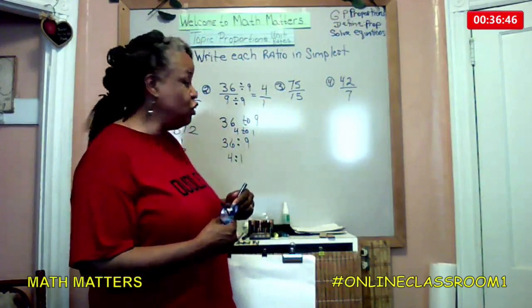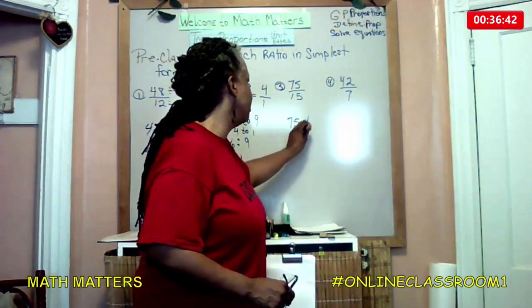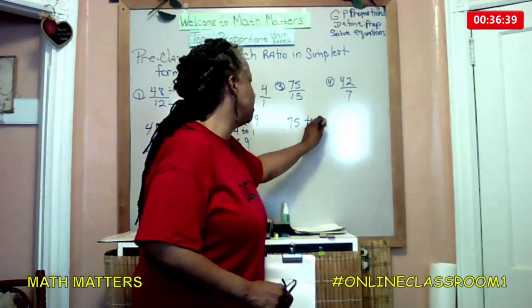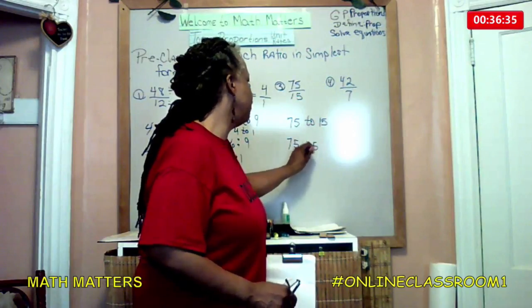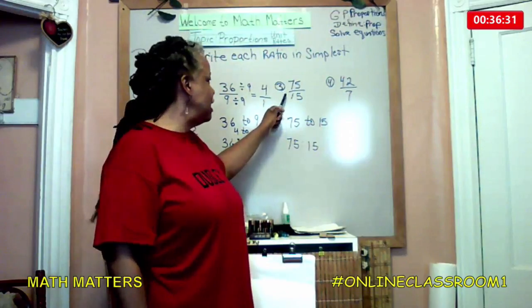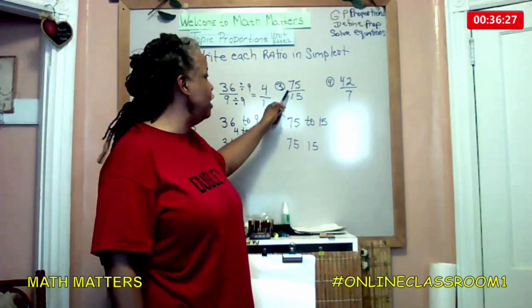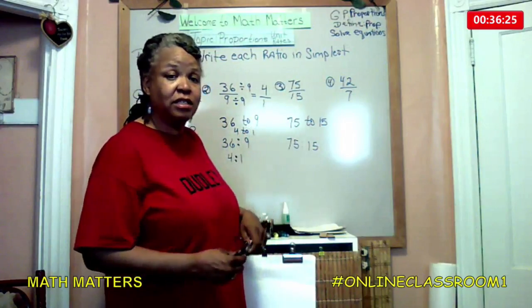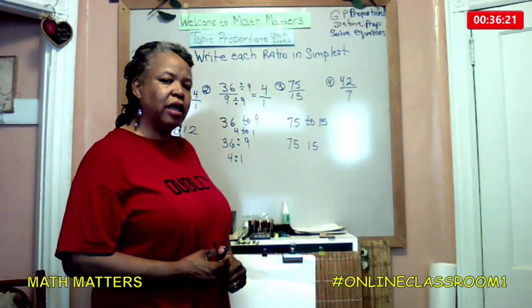Now remember, as you know, it can be written three different ways. 75 to 15, or 75 colon 15. Once again, I see that 15 divides 15, and 15 goes evenly into 75. But suppose we don't see that right away.